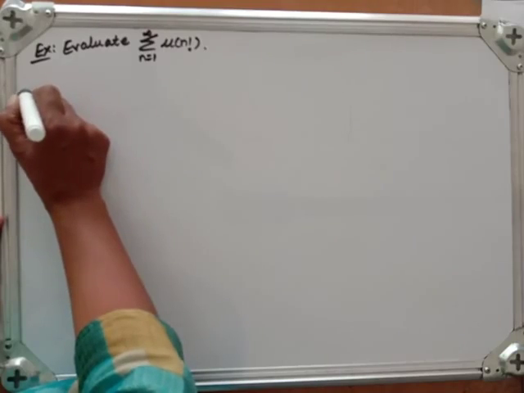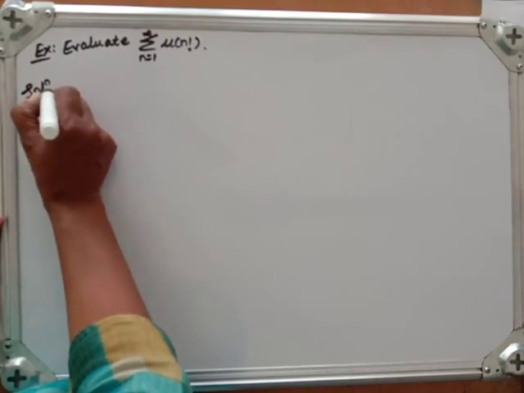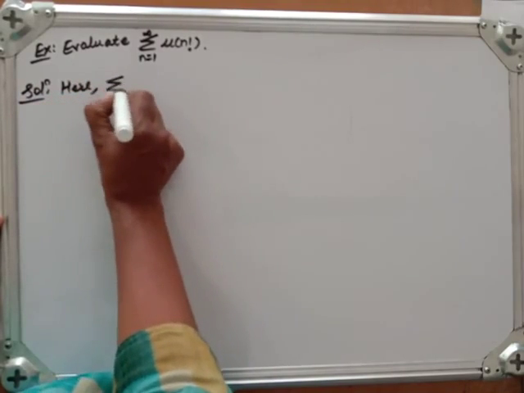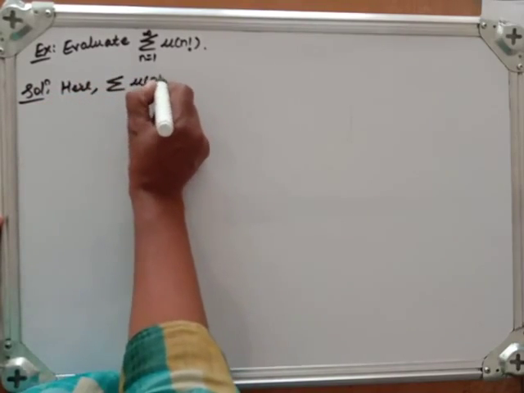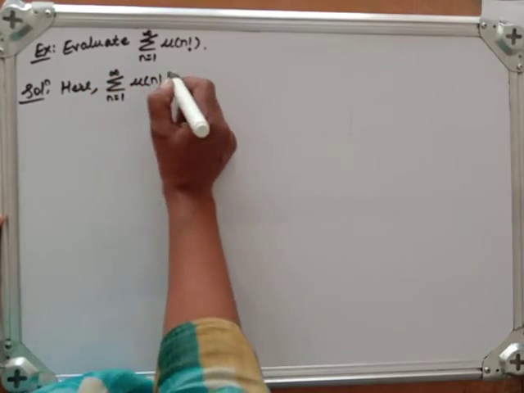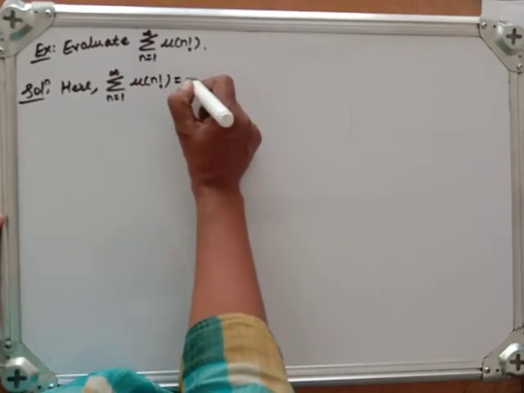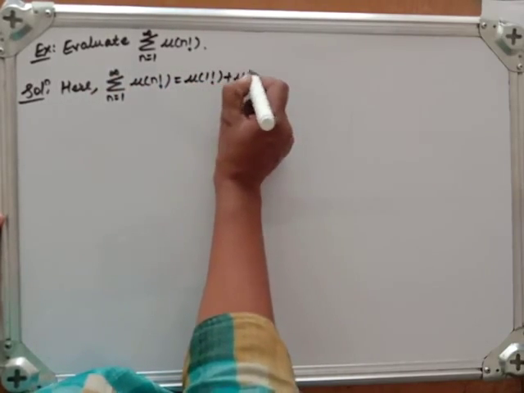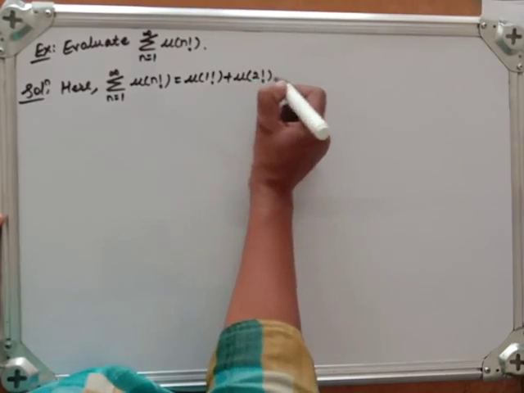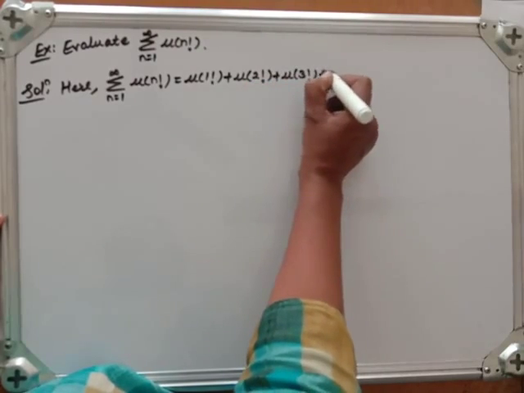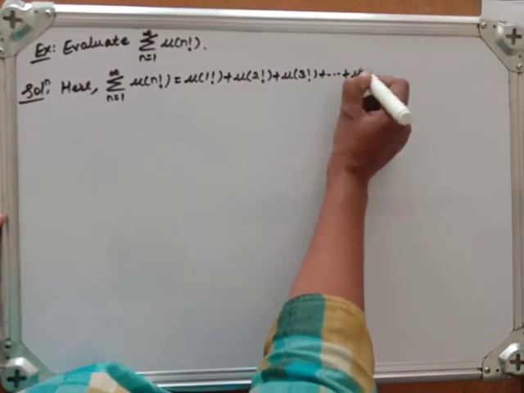So solution: here the summation of mu(n!) for n from 1 to infinity is equal to mu(1!) plus mu(2!) plus mu(3!) plus so on up to mu(n!).